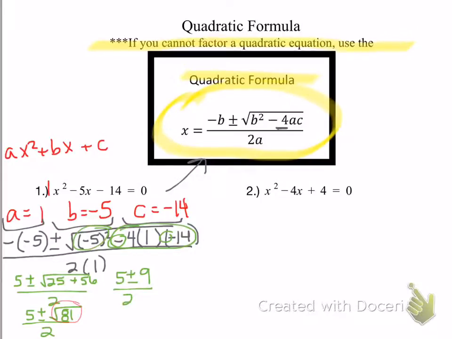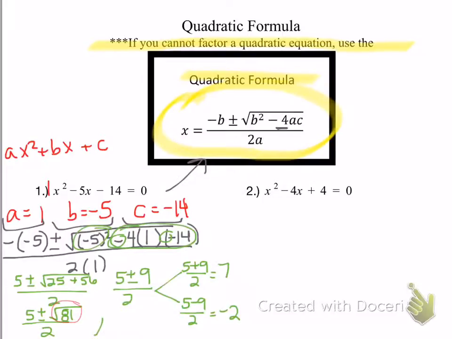One thing I want you guys to see is that this is going to break up into 2 answers. In one case, we're going to have 5 plus 9 divided by 2, and in another case, 5 minus 9 divided by 2. These are 2 different answers that are going to be our set of solutions. For our first one, 5 plus 9, divided by 2, gives 7. Then 5 minus 9, divided by 2, gives -2.